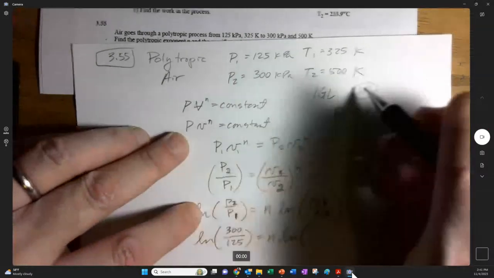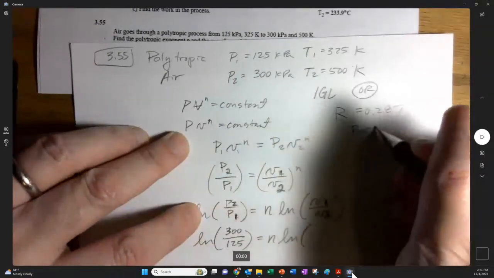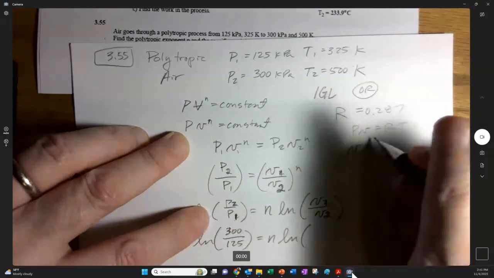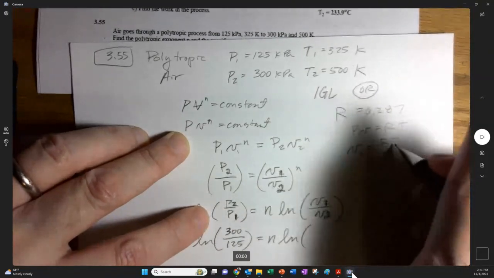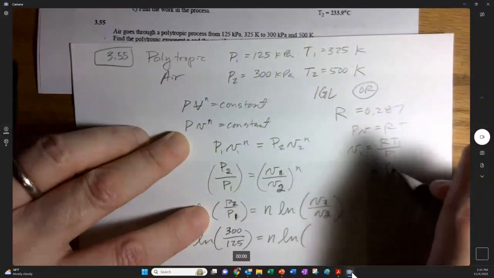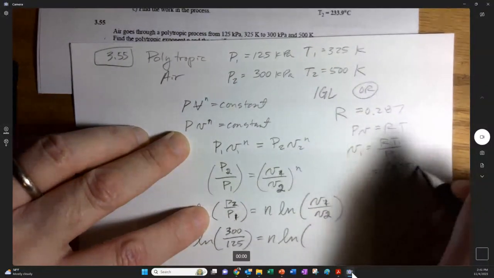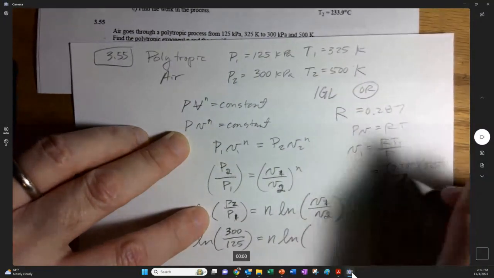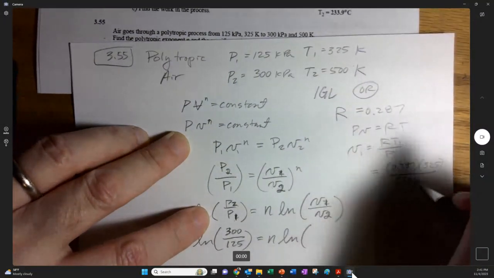So the ideal gas law is PV equals RT. So V1 is equal to RT1 over P1, which is going to be 0.287 times 325 divided by 125.